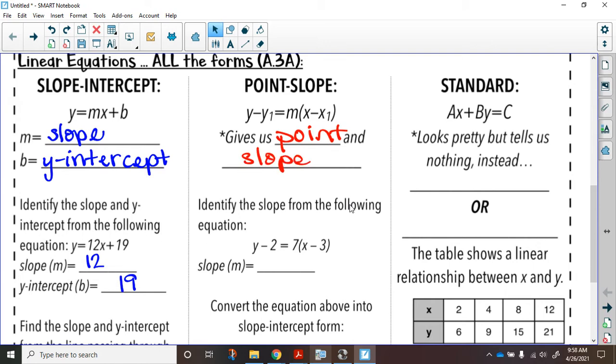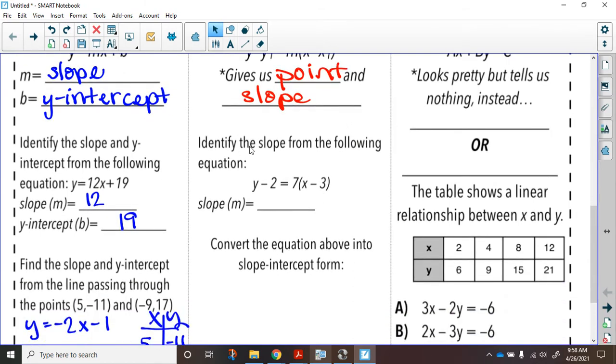So for this particular equation, it wants us to identify the slope from the following equation. Your slope is always going to be near your x. In this case, we have 7x, so our slope is 7. We're not having to do any solving, nothing like that. We just simply have to identify it.